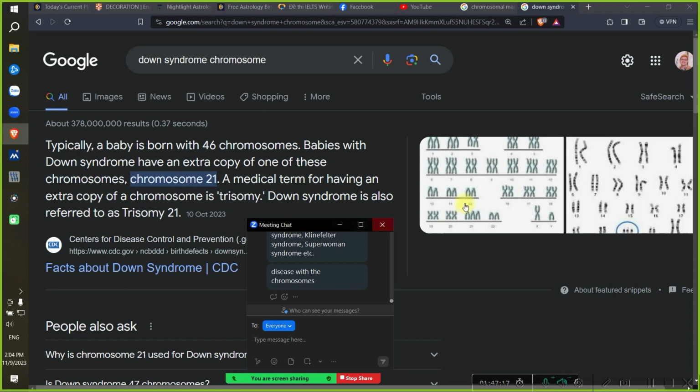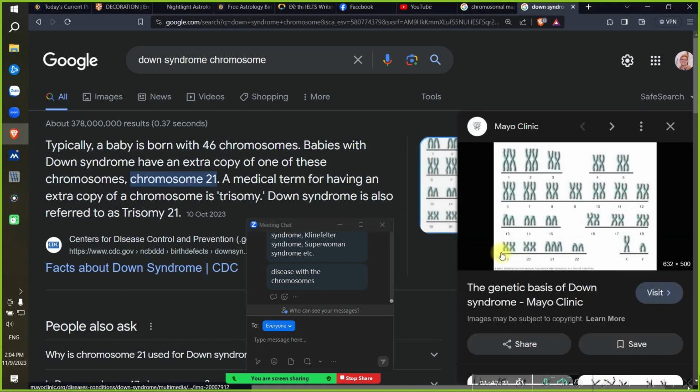So basically, instead of a pair, the 21st chromosome has 3 copies. That's why Down syndrome is also known as trisomy 21.